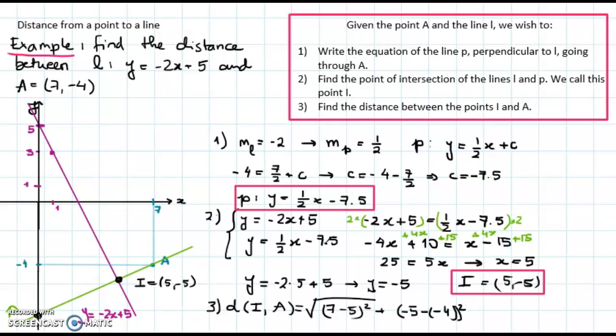And we want the square root of all of that. So this is the square root of 4 plus 1, so the square root of 5. So we found the distance between the line L and the point A to be the square root of 5.